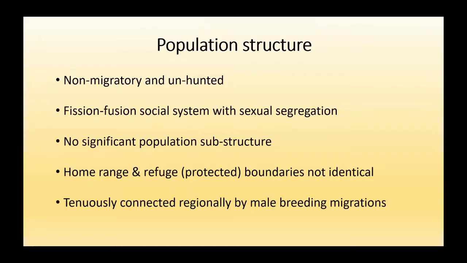This tenuous connection regionally by male breeding migrations is something that I think is a cultural tradition that was established by a program of genetic rescue in the 1990s. I think that tenuous connection is now severed, likely severed by the epidemic.